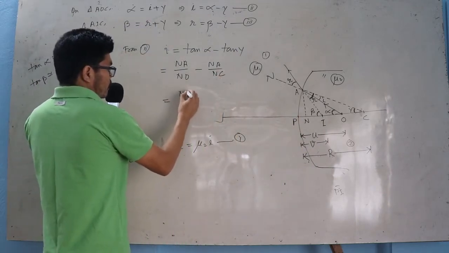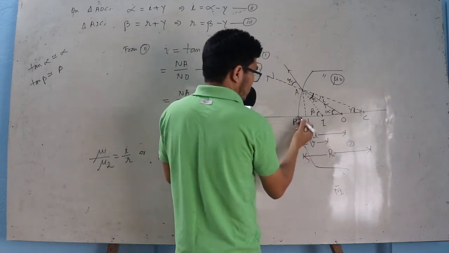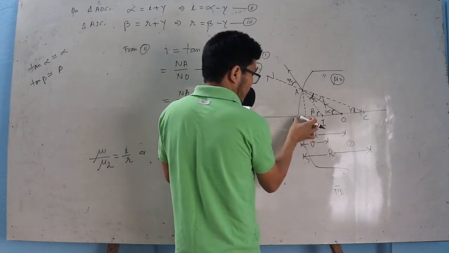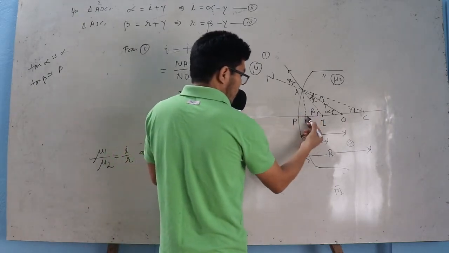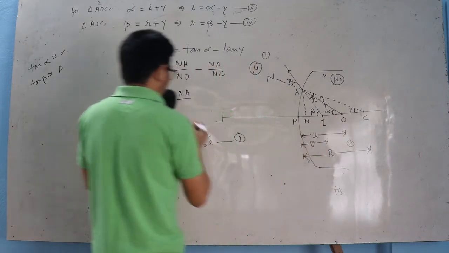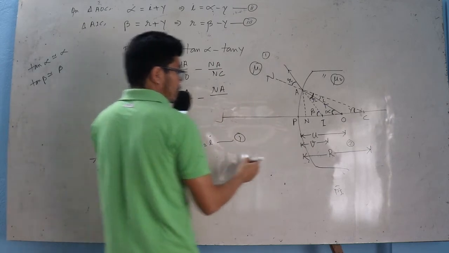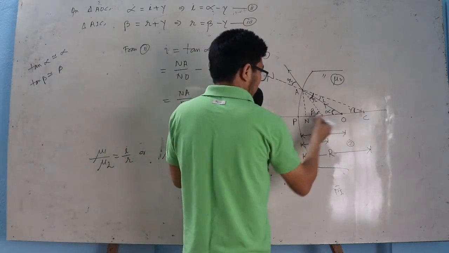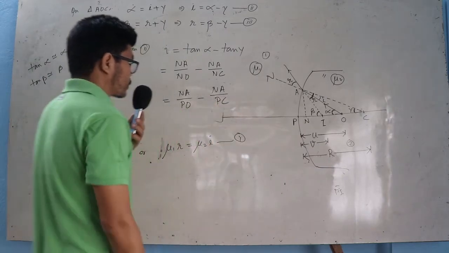But you know that NO will be the same as PO, as P and N are very close to each other. If these two are very close, measurement of NO is equivalent to measurement of PO. So let me write as PO minus NA divided by NC. In place of NC, I can write PC.